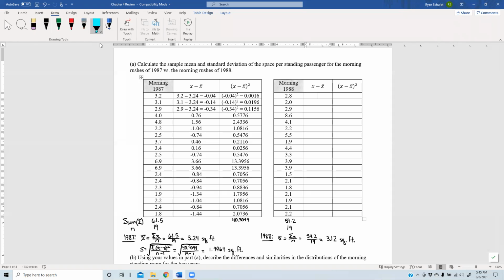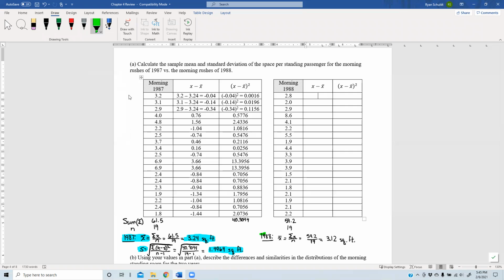So I'm going to highlight our answers here. For 1987, the mean is 3.24 square feet. Standard deviation is 1.4964.